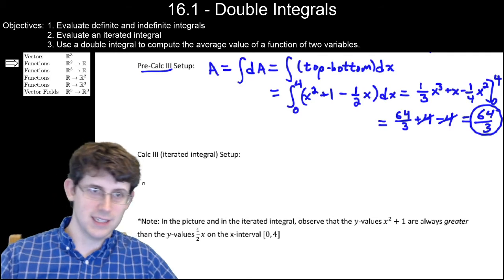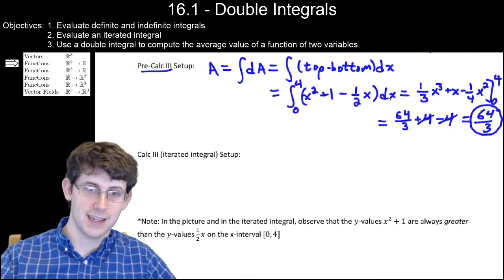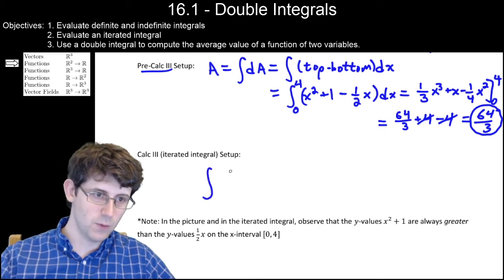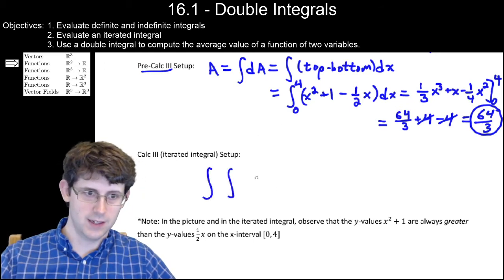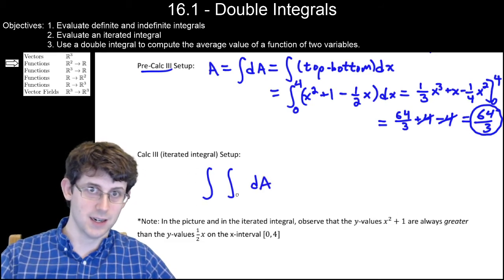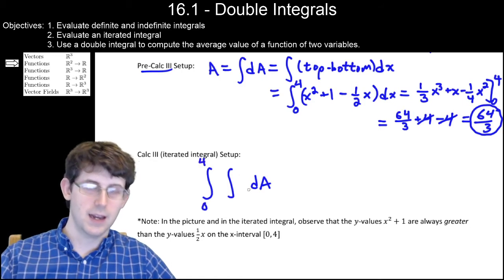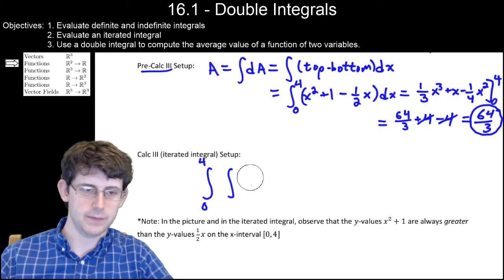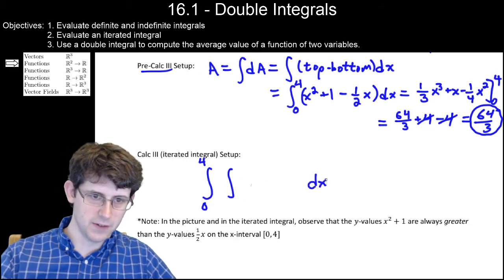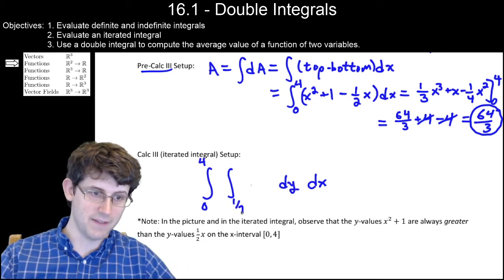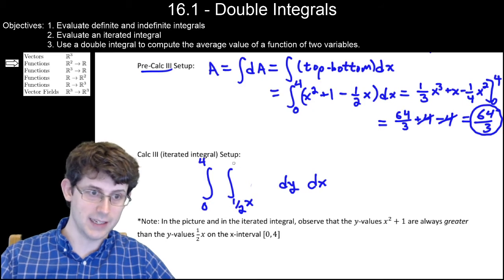So instead of the bounds just being the x's and the height of the region being in the function, instead you can say, I'm just going to put dA here, and I'll get the whole region encoded in the bounds. x goes from 0 to 4, and y, since I've decided what order, the low end of y is half x, and the high end of y is x squared plus 1.